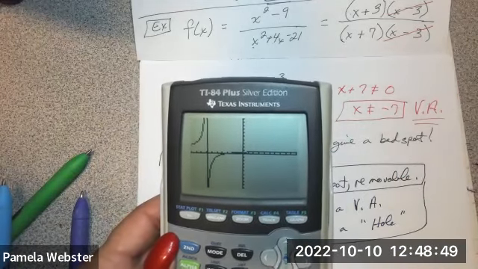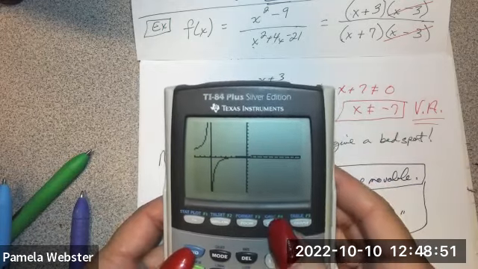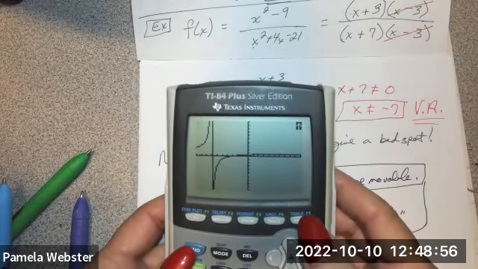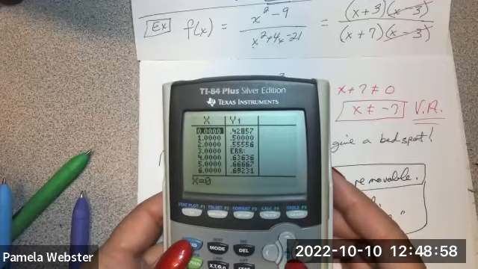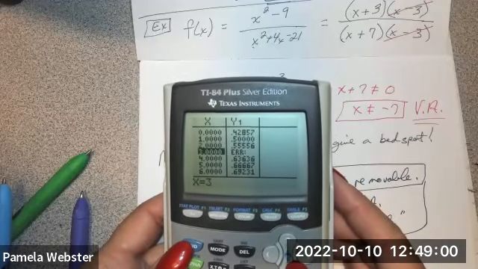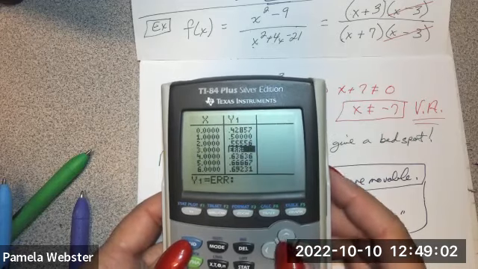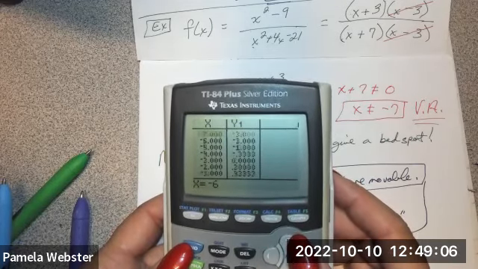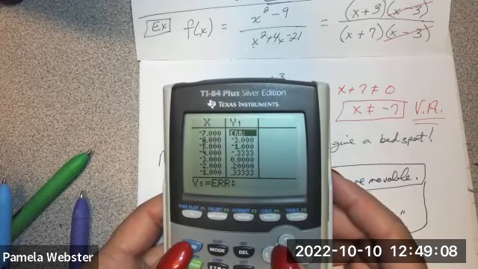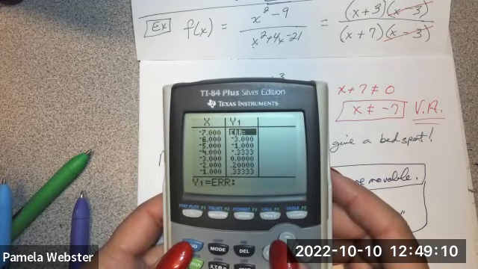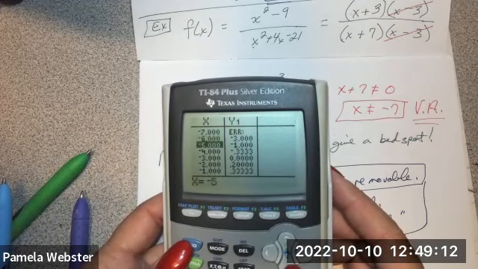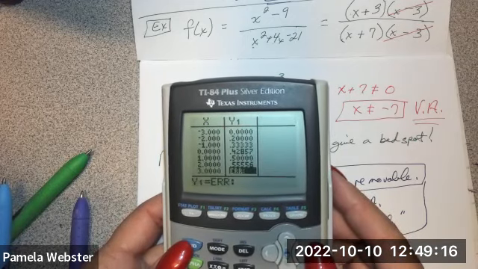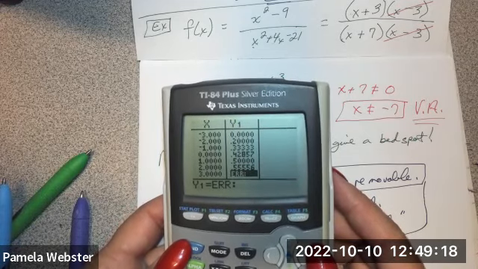So in order to find that, what you would need to do is go into the table, which is up here above your graph button, second graph, and look right here. At 3, I've got an error. Also, if I go to -7, there it is, I've got an error. So when you're looking at your x values and your y values and you see these errors, know that those are the spots that are problems in the domain.